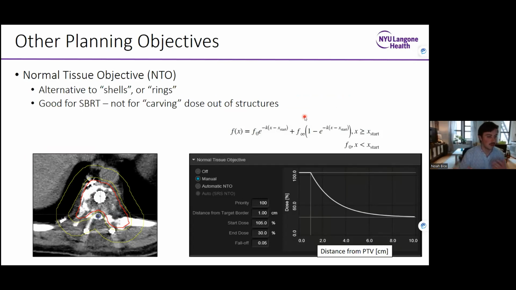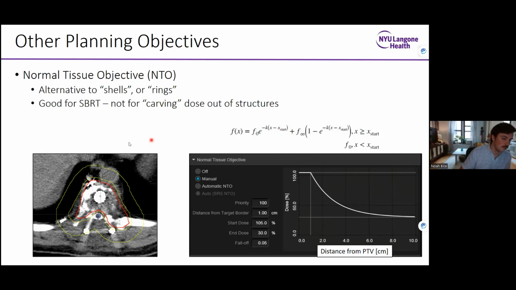The idea behind the normal tissue objective is that you specify some dose fall-off that you're looking for, and voxels are penalized depending on their distance from the PTV and whether they're meeting the fall-off that you specified.